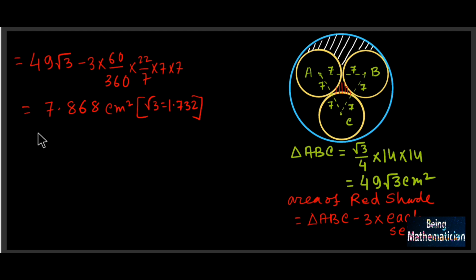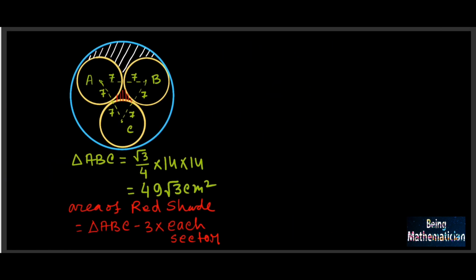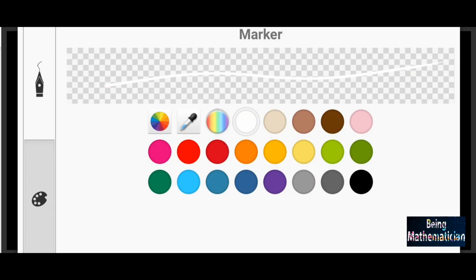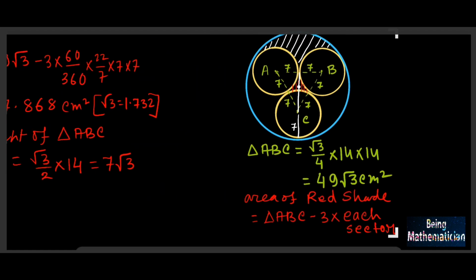Now height of triangle ABC is root 3 by 2 into side, and it is 14, so it is 7 root 3. Now let's observe the radius of big circle is clearly, this is the height, so the circumradius plus 7.